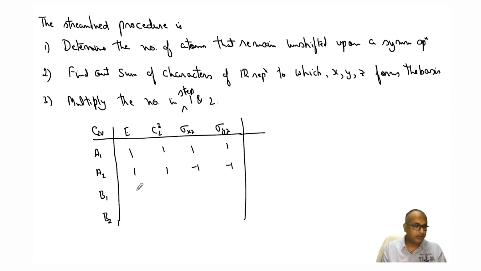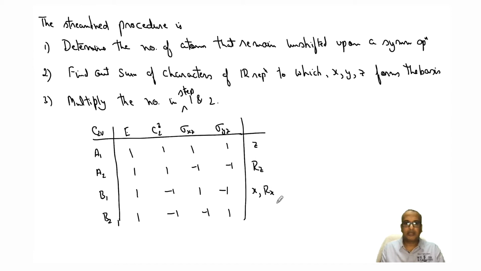For B1, 1, -1, 1, -1. Now if you see the unit vector transformation as the basis, so unit vectors are z over here, Rz, x, Ry over here, and y, Rx.